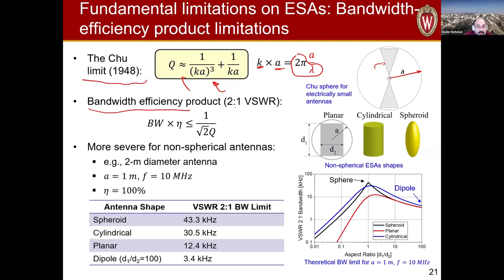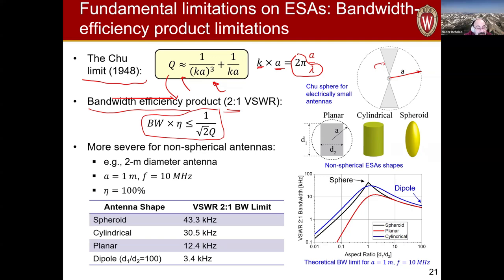For example, if we define the bandwidth of the antenna as the frequency range over which we have an impedance match with a VSWR of 2 to 1, then we have an upper bound on the bandwidth efficiency product of this antenna given by this equation, 1 over the square root of 2 times Q, where Q is obtained from here. So this limit becomes even more severe.